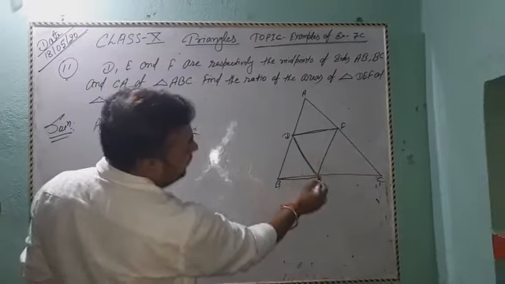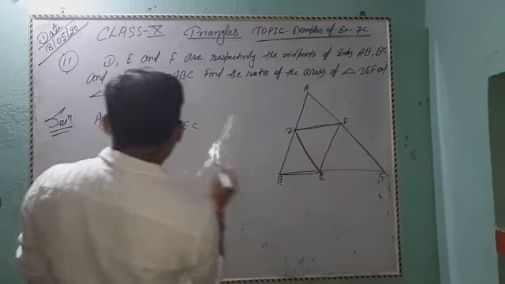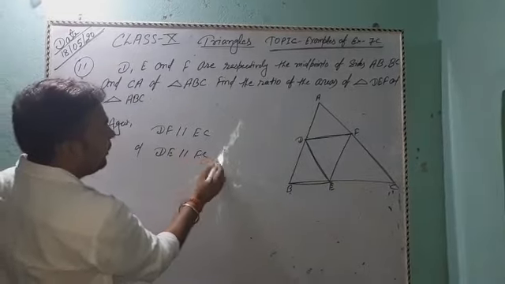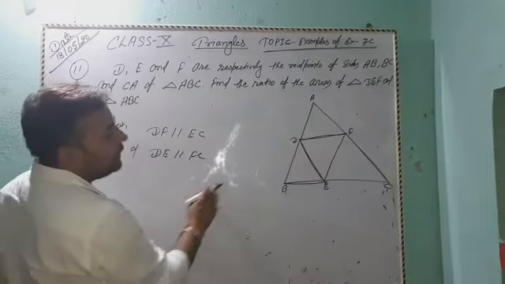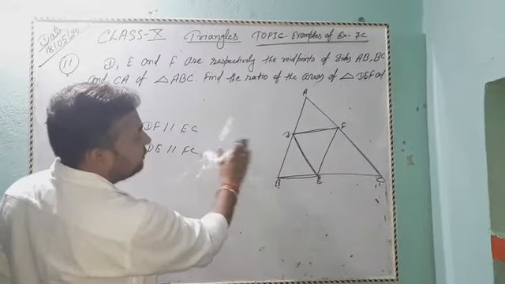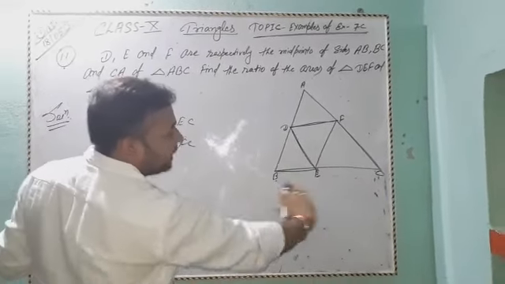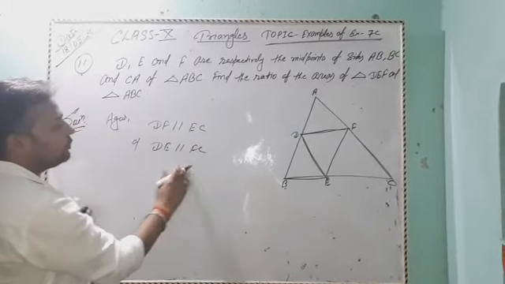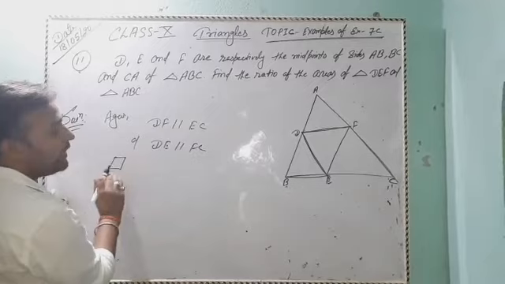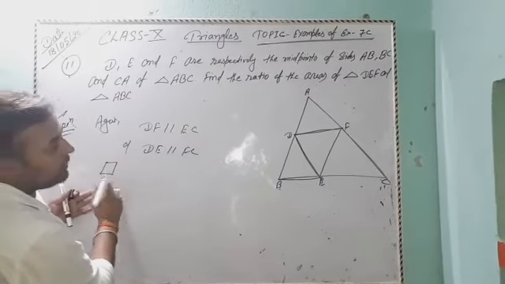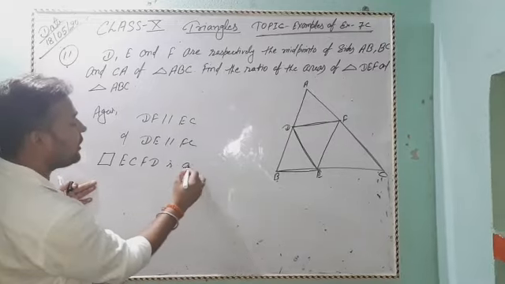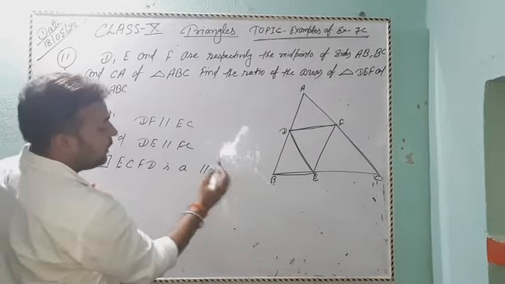So similarly DE is parallel to FC, because D and E are the midpoints of side AB and BC. Okay, so we say that the quadrilateral ECFD is a parallelogram.